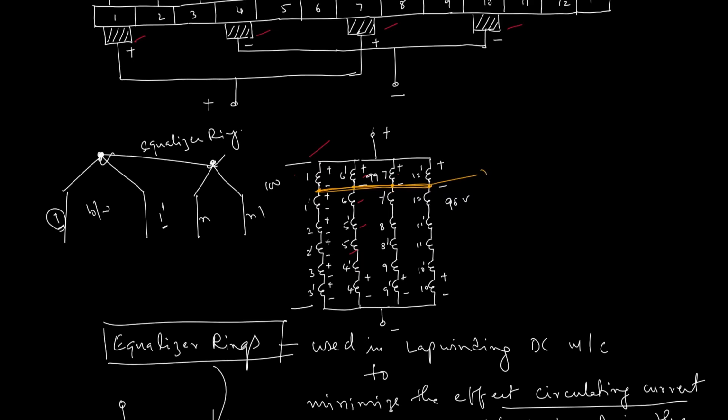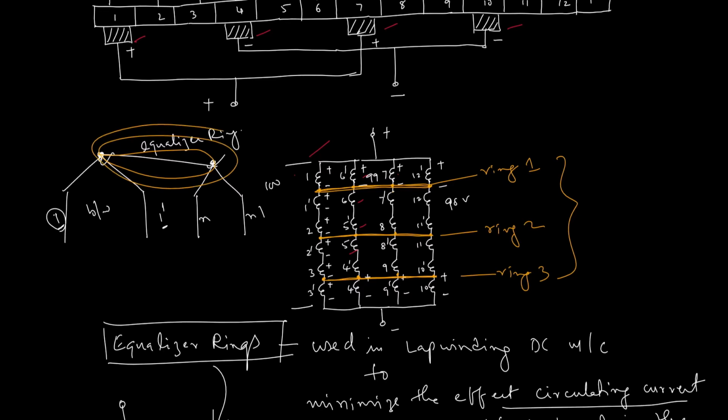This is one equalizer ring. Similarly I can connect 2 dash, 5 dash, 8 dash, 9 dash, and this is the second equalizer ring. Similarly 3 dash, 4 dash, 9 dash, 10 dash will be the third equalizer ring. So I can have 3 equalizer rings for this problem, connected to the backside of the windings, remember.